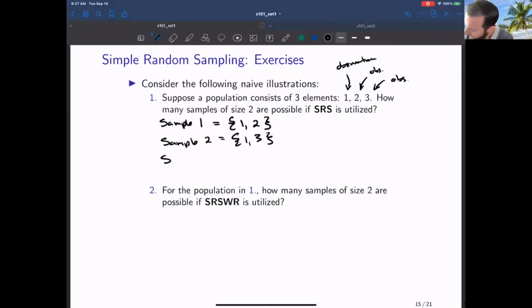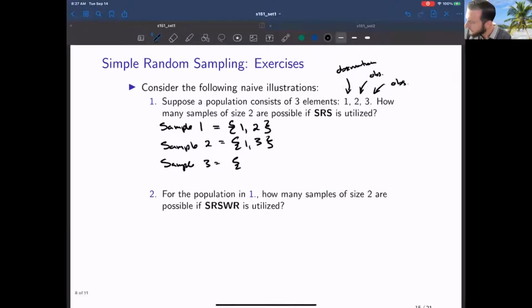And then the last possibility would be the sample with 2, 3. All right. So if we are using simple random sampling and we have 3 total population elements and we only collect 2, there are 3 different samples that we could observe in that situation.